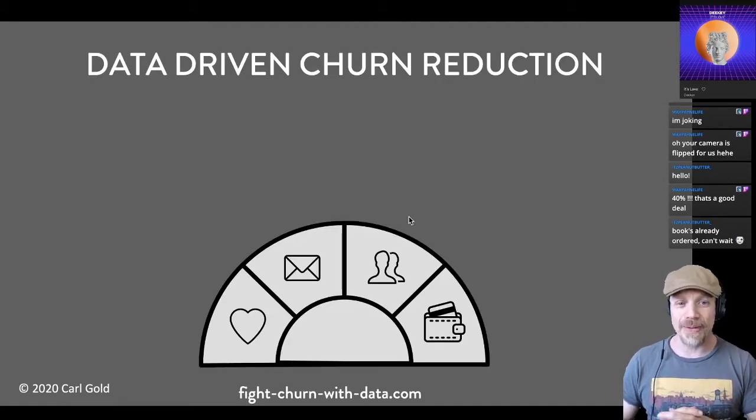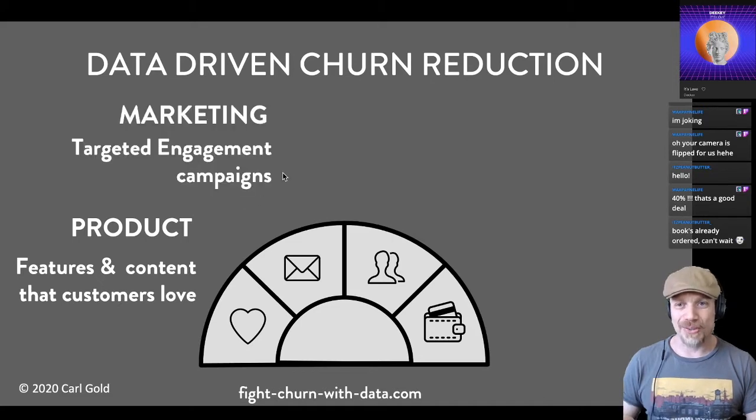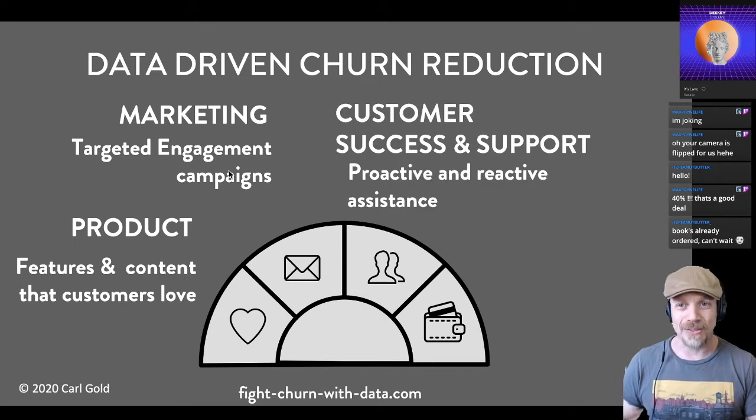Let me say a little bit about the goal. I think everyone on this stream has already heard all this before, but I have to do this anyway. The book is called Fighting Churn with Data, and this is what Fighting Churn with Data really means. It is making a great product by using your data so your customers keep coming back. It is targeting engagement messages to your customers so that the right customers get the right messages without spamming them.